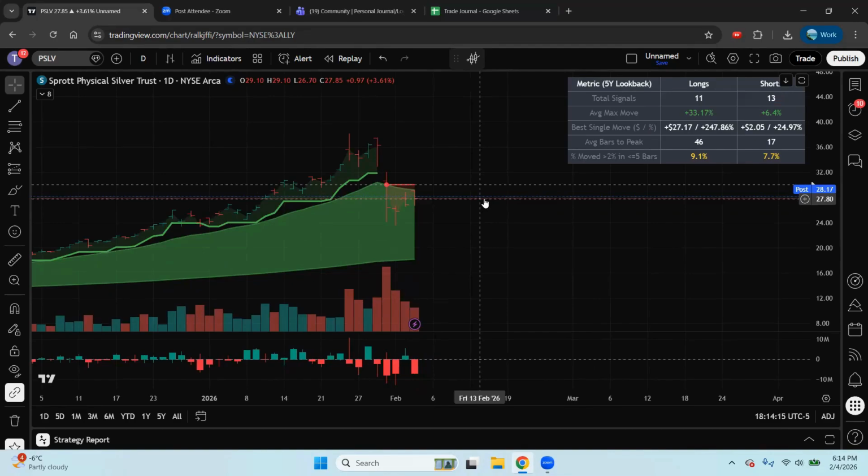Will people be redeeming? It's unlikely, but anything can happen in this market, and I would like to have a claim against physical silver rather than a claim against a futures contract or some other structured product in silver. So that's why I do like PSLV.